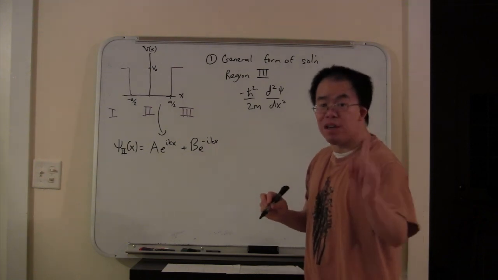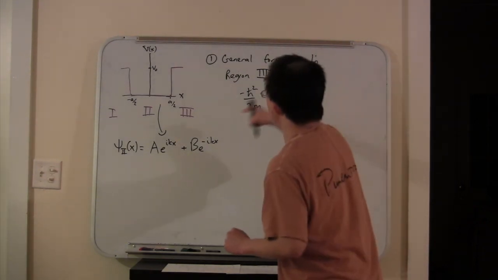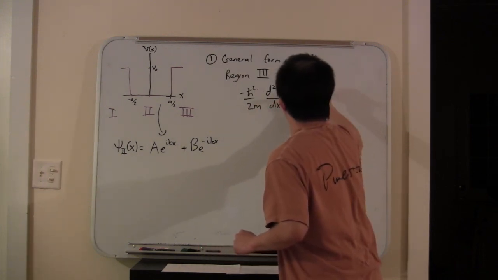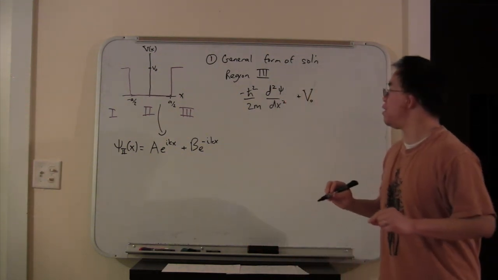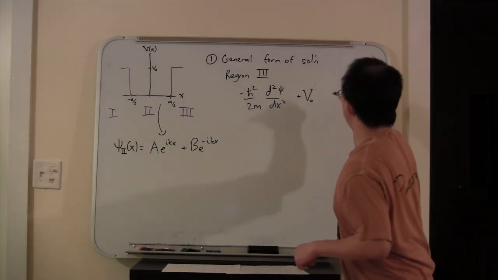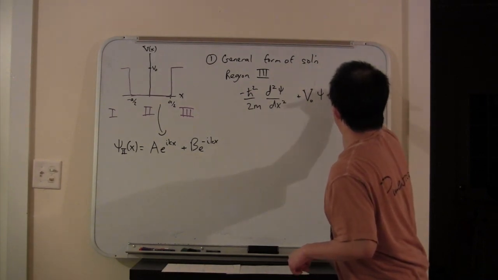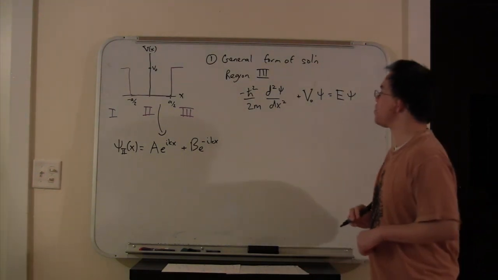But this time we now have a non-zero potential energy. So we have a term where the potential energy is a constant V sub 0. And that potential energy multiplies our wave function, right? And then we have equals E psi.